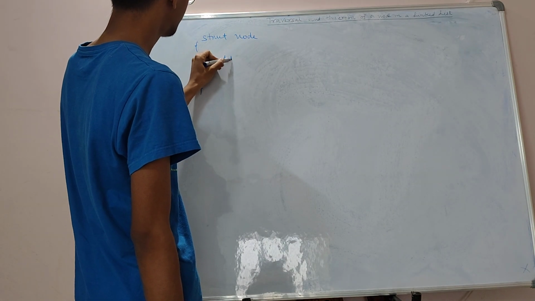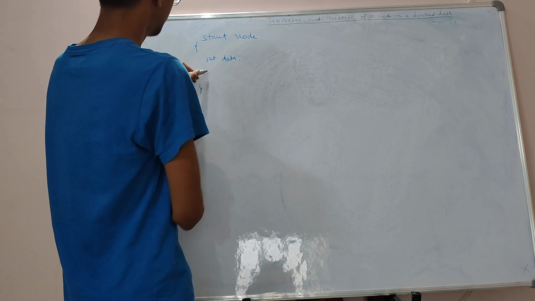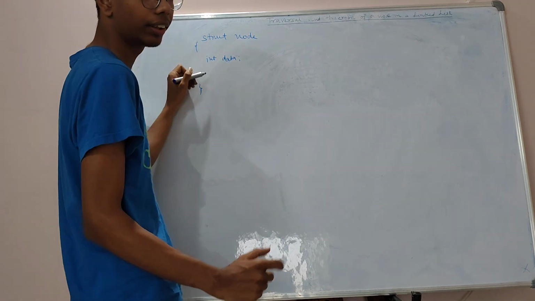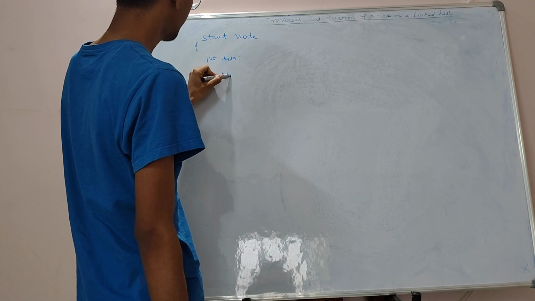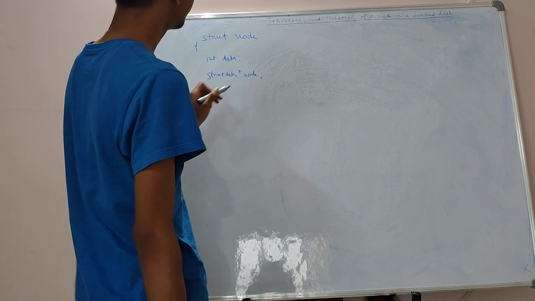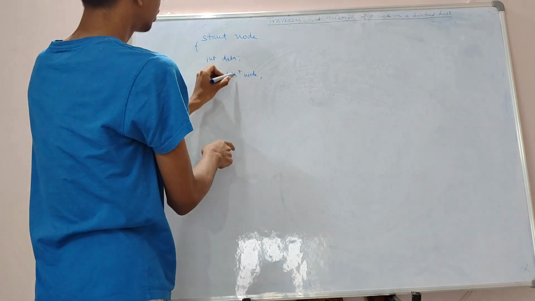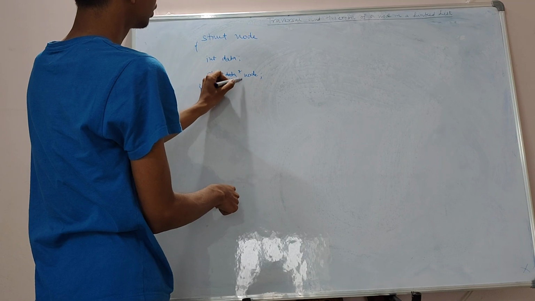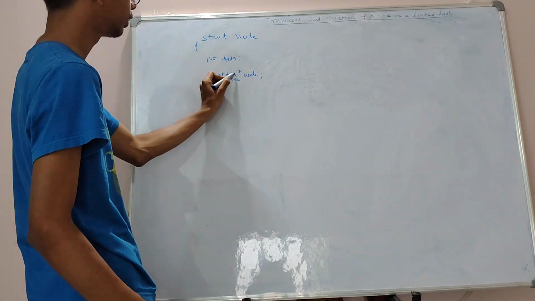One part for data and another part for a pointer, and that pointer will point to a variable which is of data type struct node. The name of my data type is struct node, right?